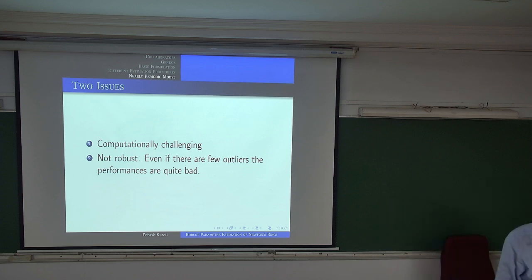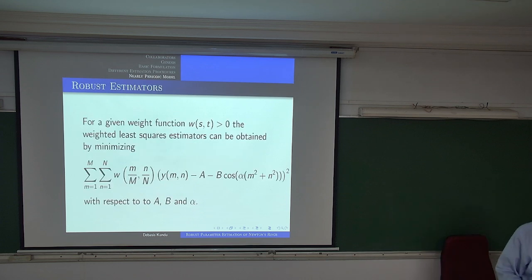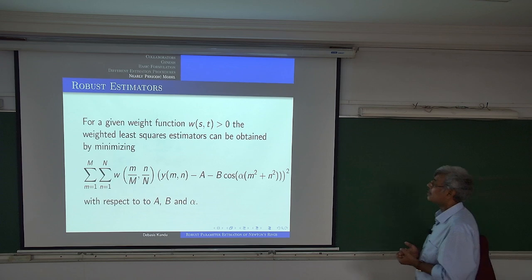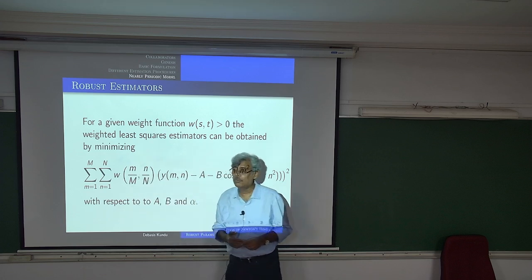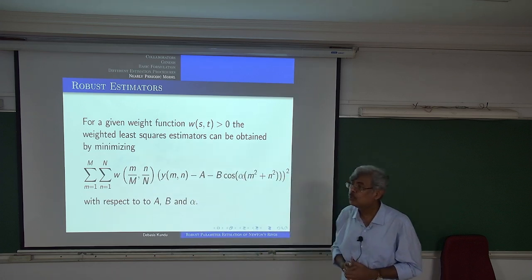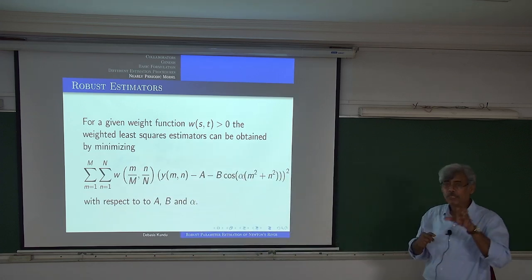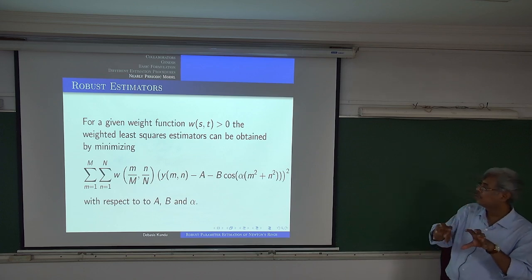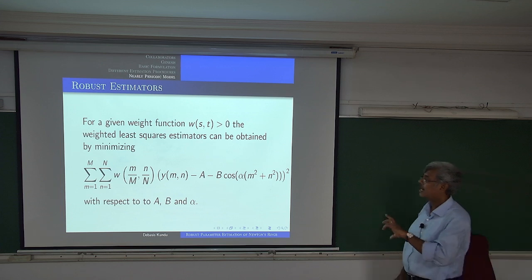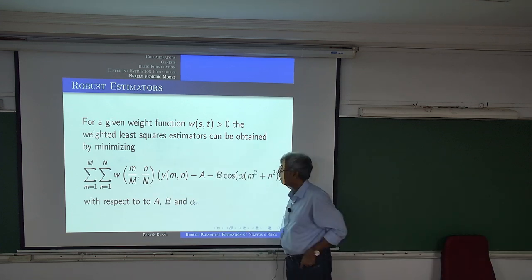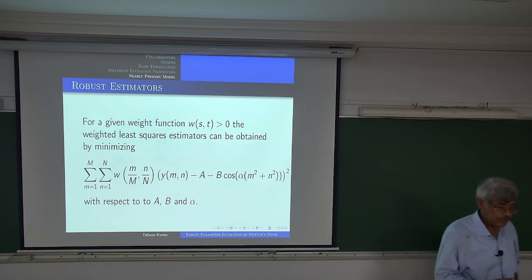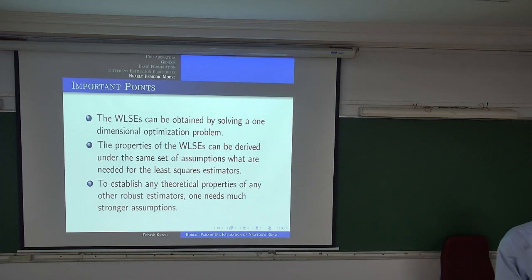So now, to go for a robust one, we do a similar thing. We put in a weight function, which is a two-dimensional function from 0,1 cross 0,1 to R plus. With that we are able to do all the theory.